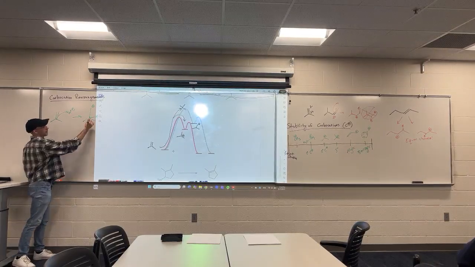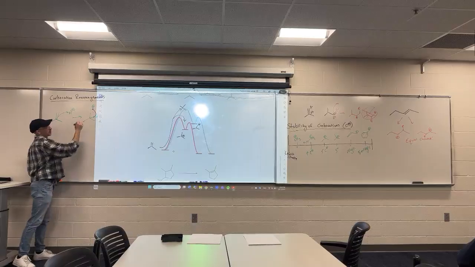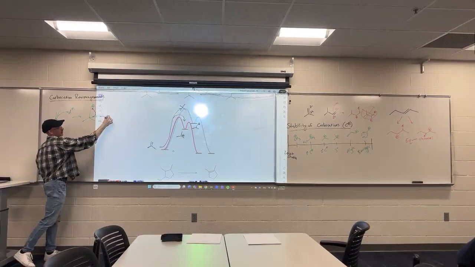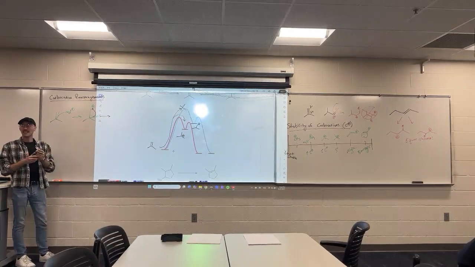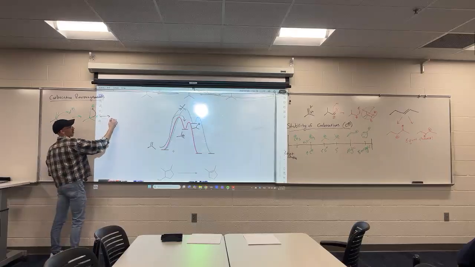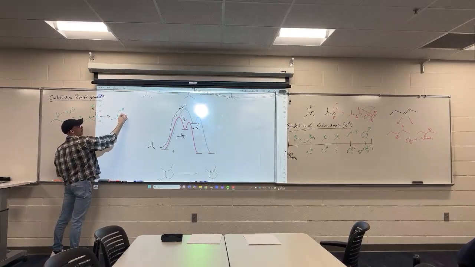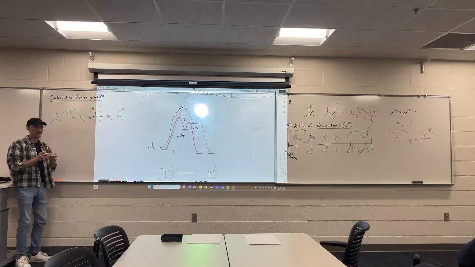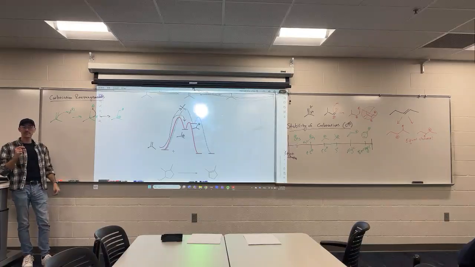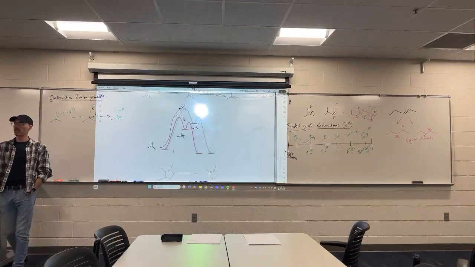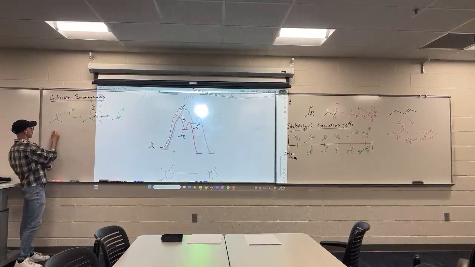This hydrogen takes its electrons to the adjacent carbon, leaves a positive charge in its wake. That only occurs if it creates a more stable carbocation.